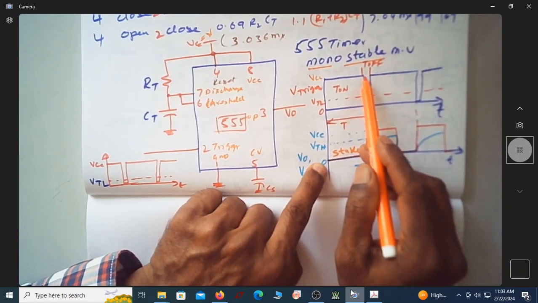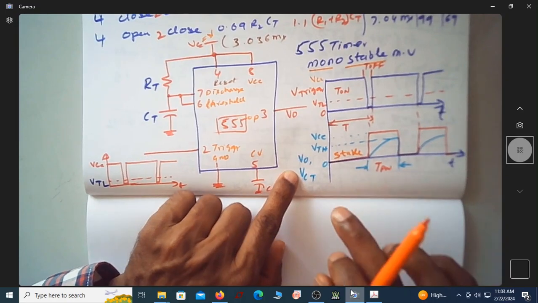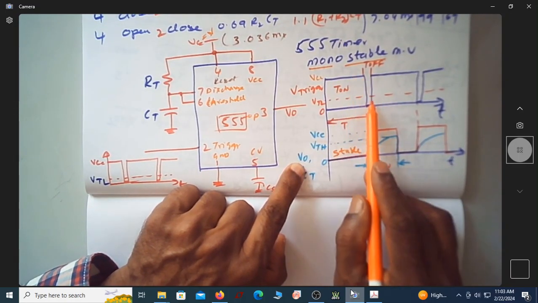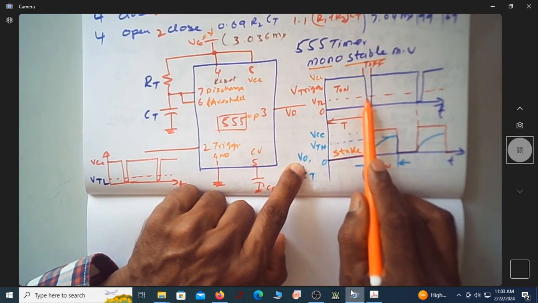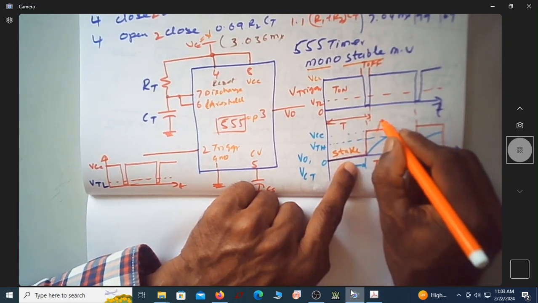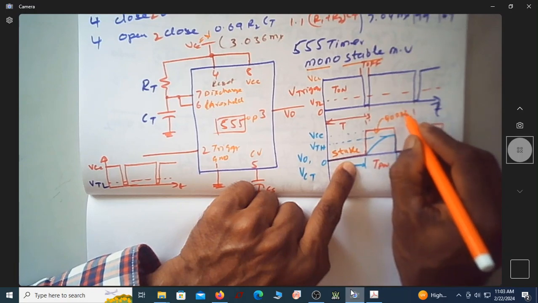If the trigger voltage goes below VTL, then we say the monostable is triggered. So now we have this as VCC, and at a particular time if it goes less than VTL, then we say the monostable is triggered. It goes to the quasi-stable state.